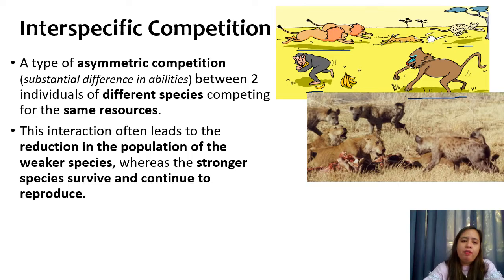So the interaction often leads to the reduction in the population of the weaker species, whereas stronger species survive and continue to reproduce. Actually, interspecific competition, if it's about breeding, if you are watching documentaries regarding prides of lions, you know for a fact that when a lion loses, whoever is in the pride now, when there's a new head lion, it kills all the cubs, the children of that previous lion.